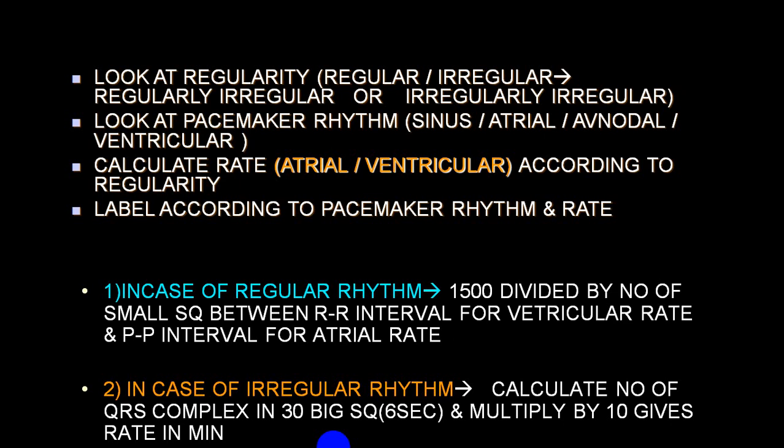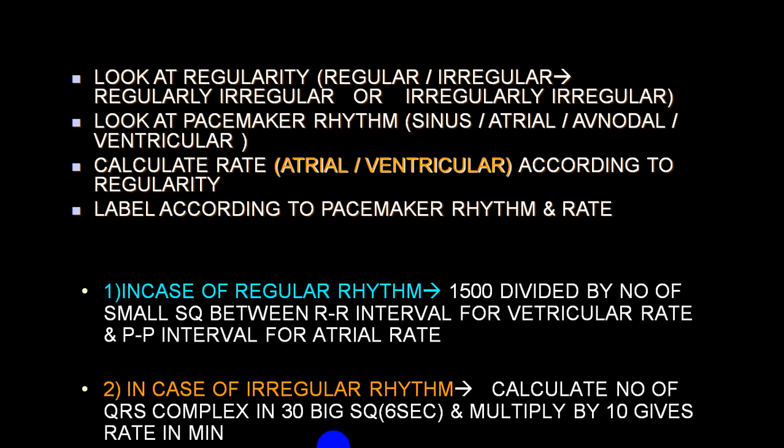By and large, atrial rate is always equal to ventricular rate whenever there is sinus rhythm, whether it is bradycardia, tachycardia, or sinus arrhythmia, because whatever impulse is transmitted from the sinus node will be transmitted to the atria and then to the ventricle. Hence, you will have a P wave followed by a QRS complex, and so atrial rate will be equal to ventricular rate.